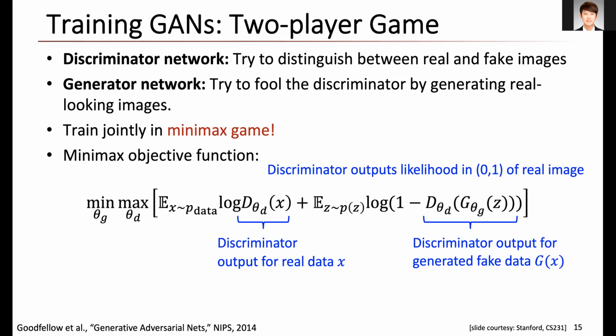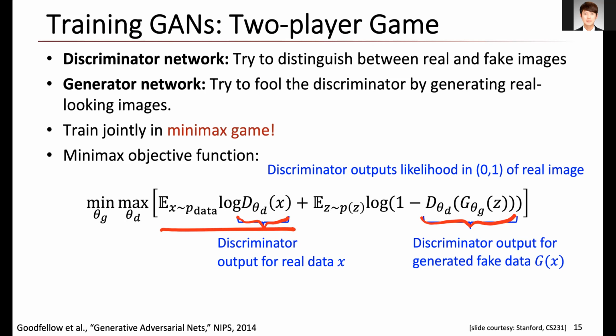In other words, the discriminator outputs a likelihood from 0 to 1 for the real images. The first term is the discriminator output for the real data, so it is going to be close to 1. In the other case, the discriminator output for the generated fake data G of z is going to be 0.